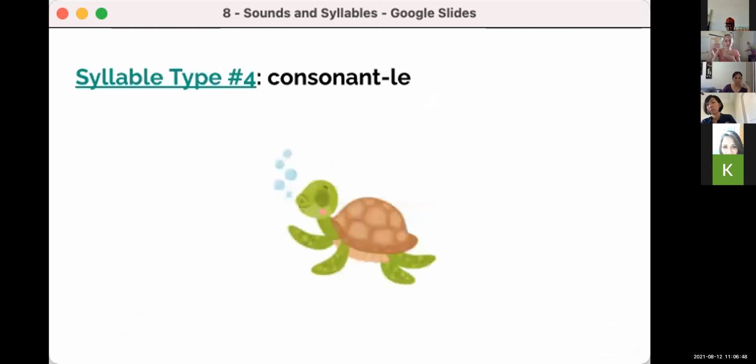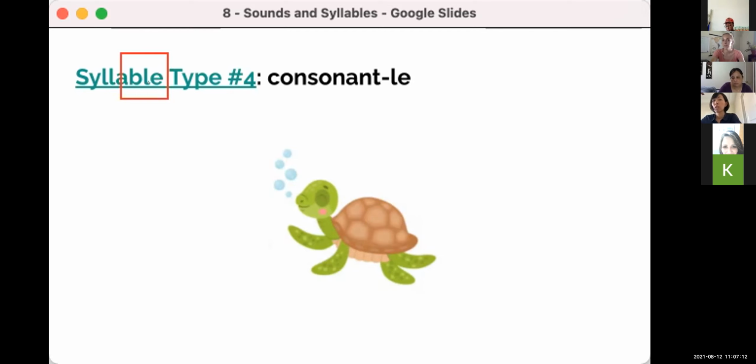Okay, today we're talking about the consonant-LE syllable. So this is for words that end with a consonant, an L, and an E. For words that end like this, or even just for syllables that end like this. Here we have an example, BLE.